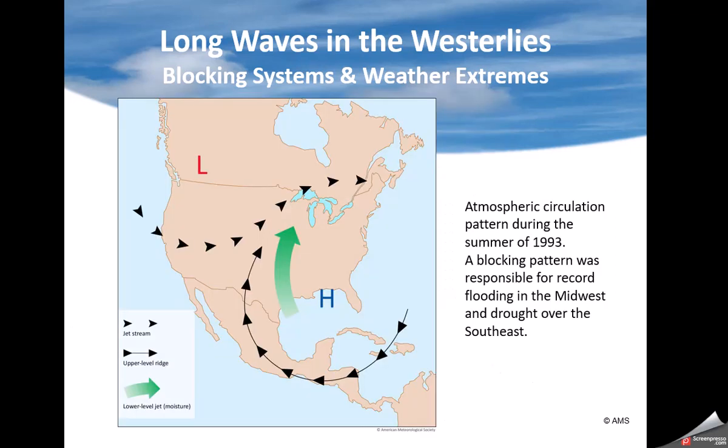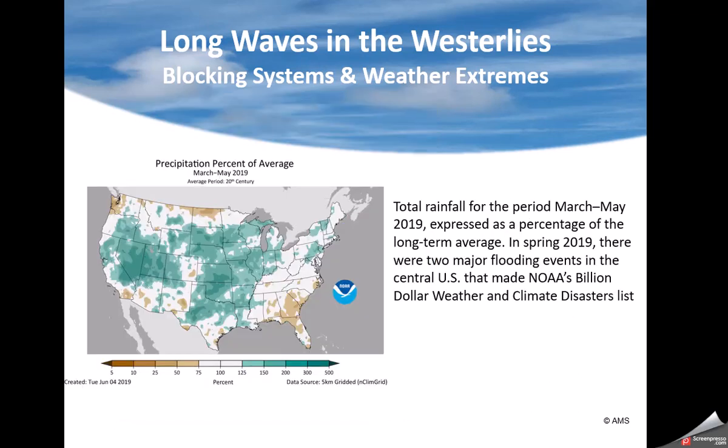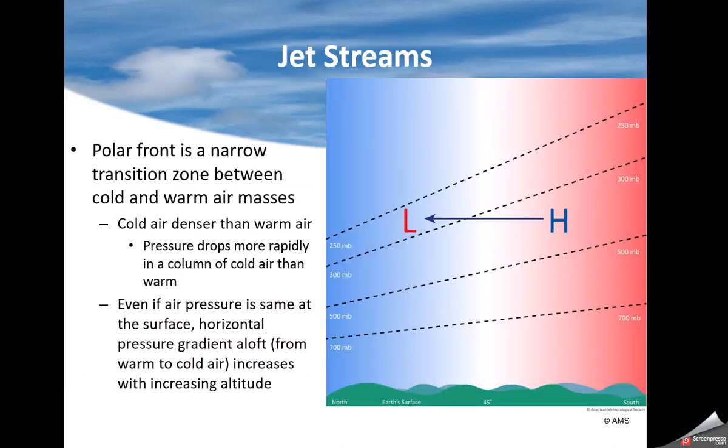So you get blocks, and when they occur, they tend to put fronts in the same position. They don't move a whole lot, and they can lead to very substantial rainfalls. And some places get very beautiful weather for a long time, and drought. And you can see the changes in precipitation from that.